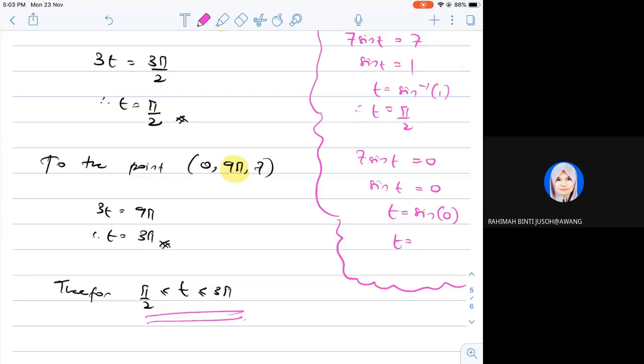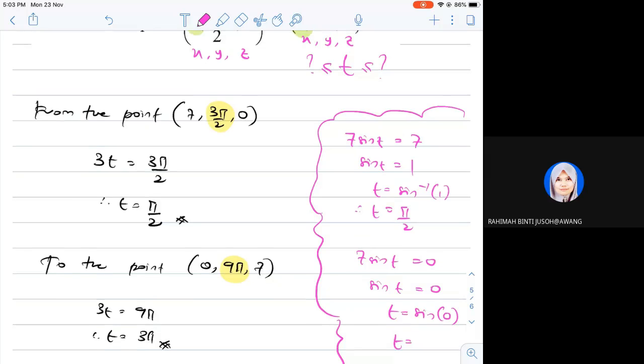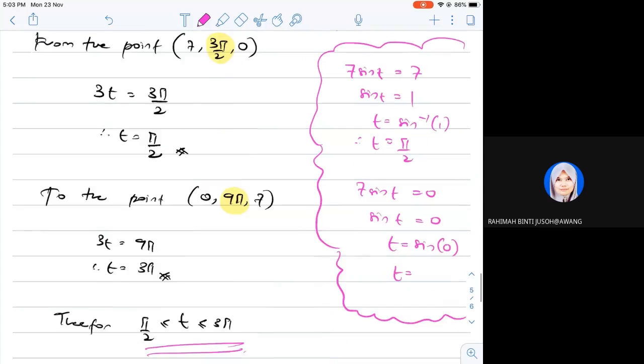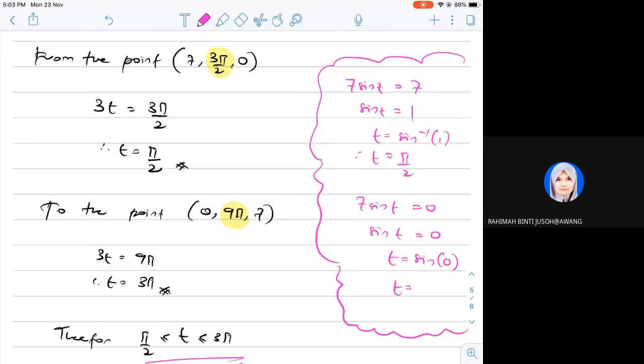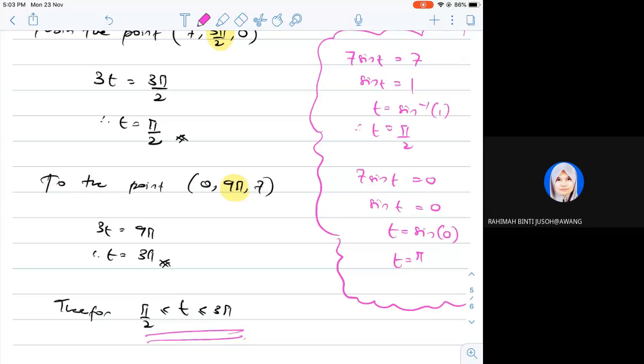This is what I will explain: why we use the polynomial instead of trigo. If you choose the x component, sine t, you will get t equals pi, right? If you use your calculator, arcsine 0 is pi. So if you answer pi, that answer is wrong.